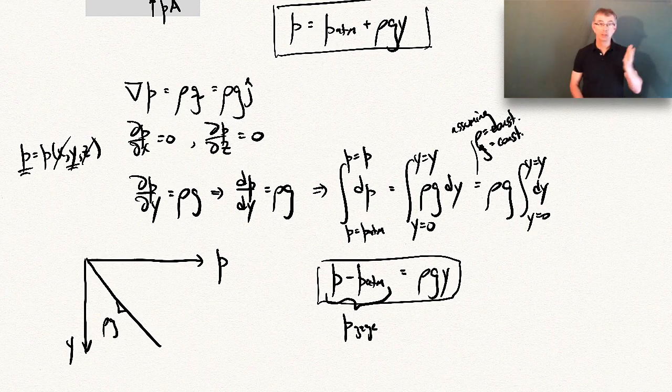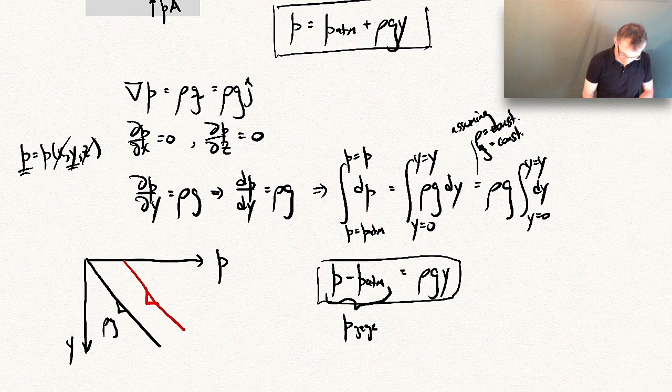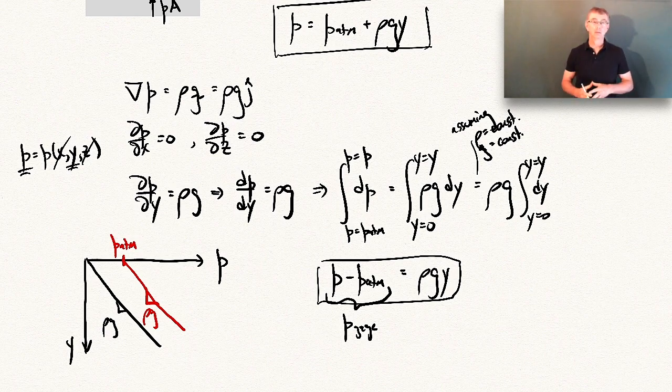So you can see how the pressure increases the deeper you go. If I was to do it in terms of absolute pressure, it would still be a straight line with a slope of rho g. It's just offset by the atmospheric pressure. So it's the same result. It's just whether you're dealing with gauge pressure or absolute pressure. All right. So that's the hydrostatic pressure distribution for an incompressible substance.